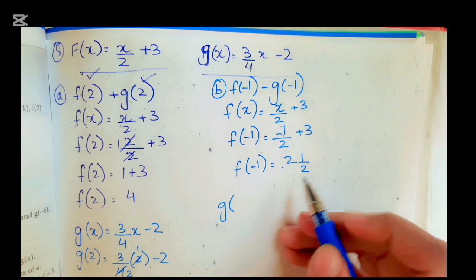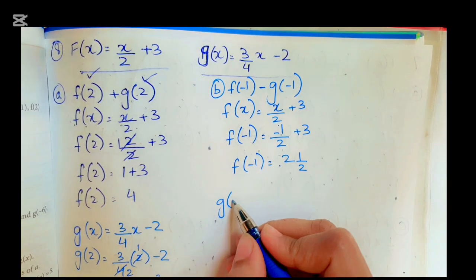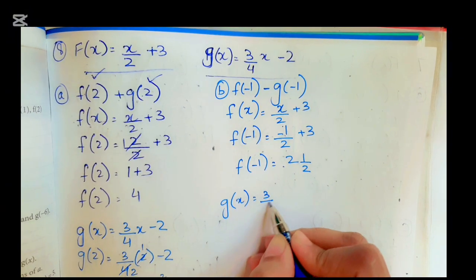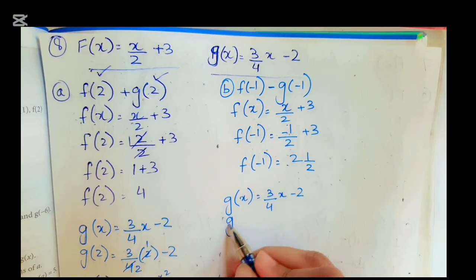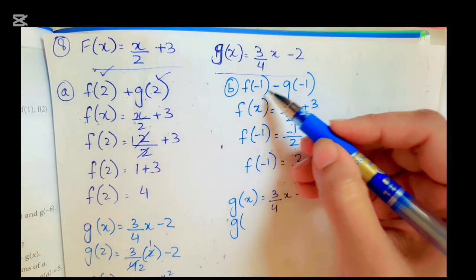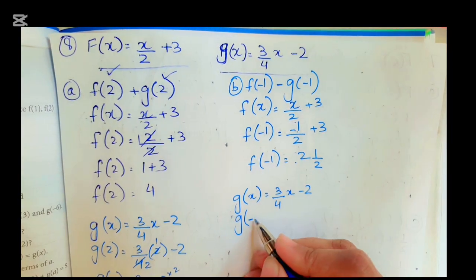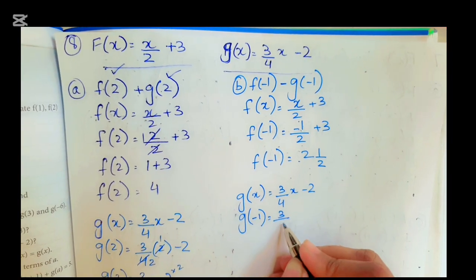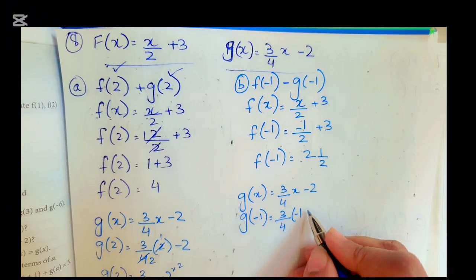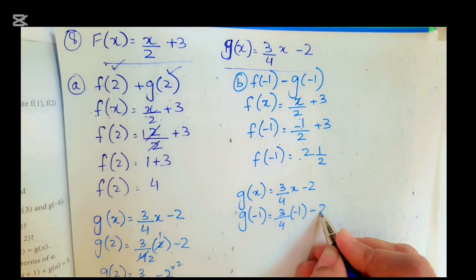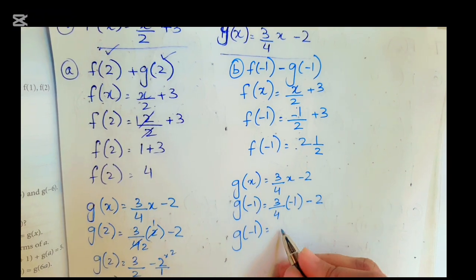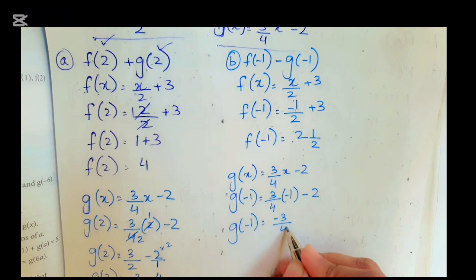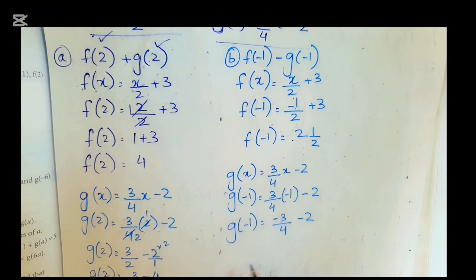Okay, now g(-1). So the function g(x) = 3/(4x) - 2. Now in place of x, what do I have to write? Minus 1. So g(-1) = 3/(4(-1)) - 2. So g(-1) is equal to -3/4 and -2.